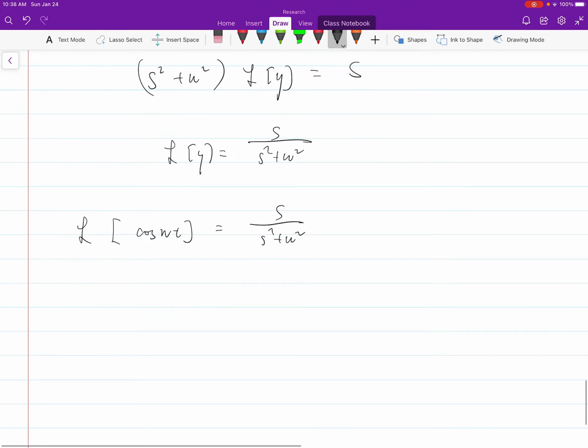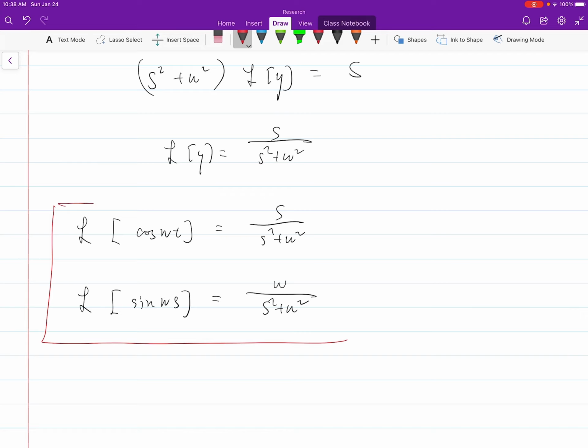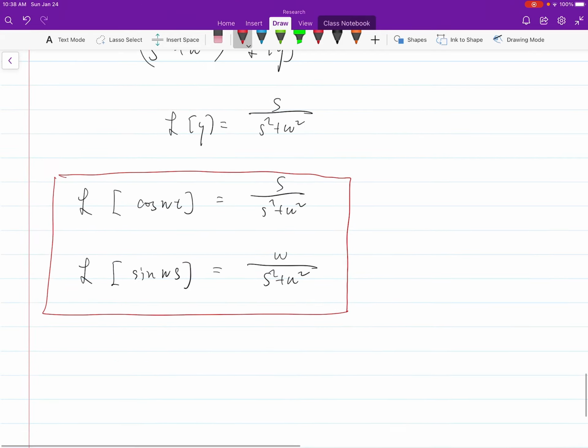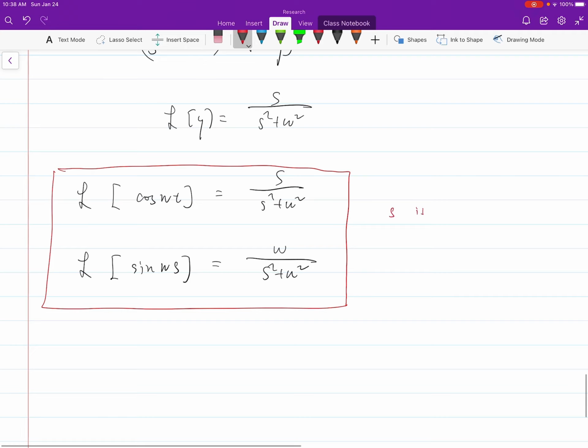So from here you can see it's very easy to memorize them because they share the same format, except one goes with omega, the other goes with s. And note, these two together will be the formulas we need to memorize. And a note, even though they look symmetric, they're different because s is a variable.